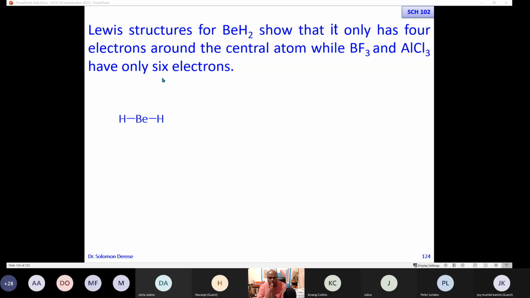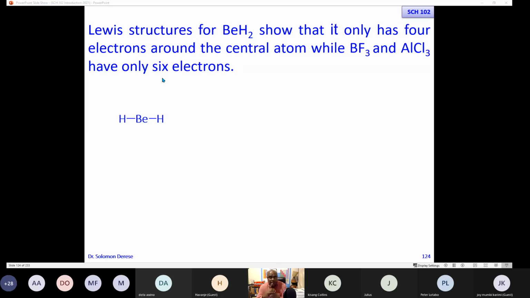See, we have this molecule of BeH2, where you have a beryllium that has formed chemical bond with two hydrogens. The number of valence electrons for hydrogen is 1. So we have two hydrogens. The total number of valence electrons that come as a result of the hydrogen is 2.